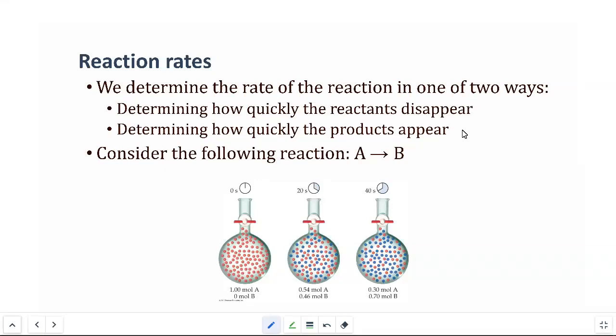And so when it comes to reaction rates, depending upon what the chemical reaction is that we are monitoring, we can look at the rate of reaction one of two ways. We can track the reactants and mark how quickly the reactants are going away, how quickly they're disappearing. Or we can monitor the products and look at how quickly the products are appearing.